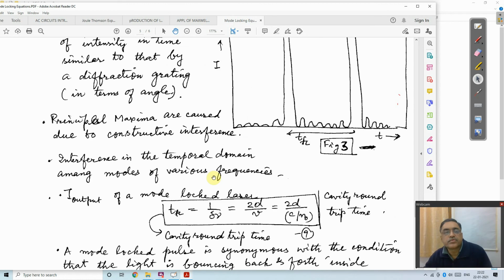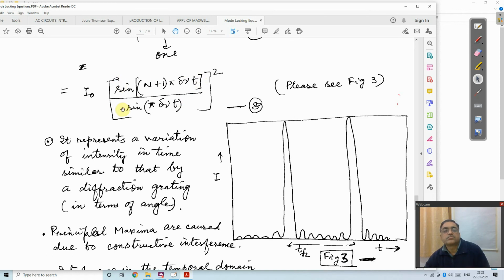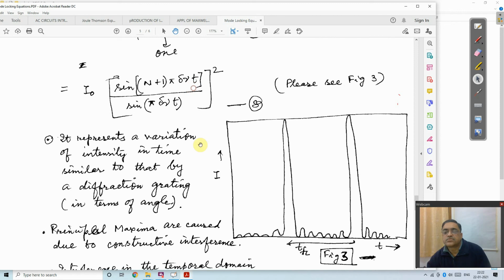And from this equation, as in diffraction, we see the condition for zero intensity is that we put this equal to 0, but this must not be 0. So this condition is achieved only when n plus 1 is not equal to 0; rather, n plus 1 is not 0, but this factor is 0.